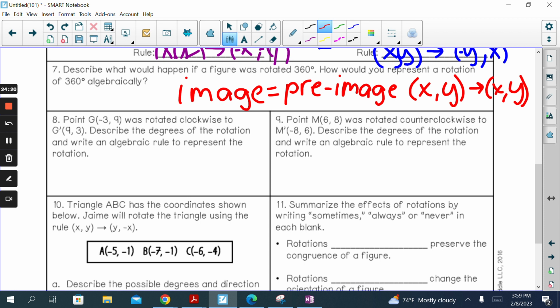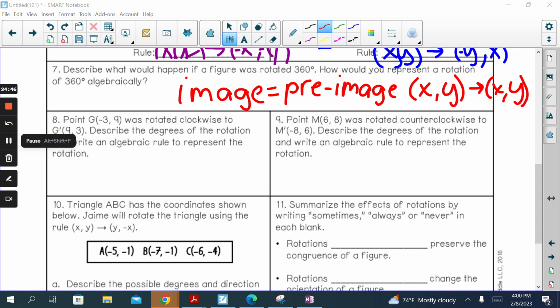All right, and then number 8 says point G is at (-3, 9). We know that it was rotated clockwise to (9, 3). So we are going to first describe the degrees of the rotation and write an algebraic rule to represent the rotation.